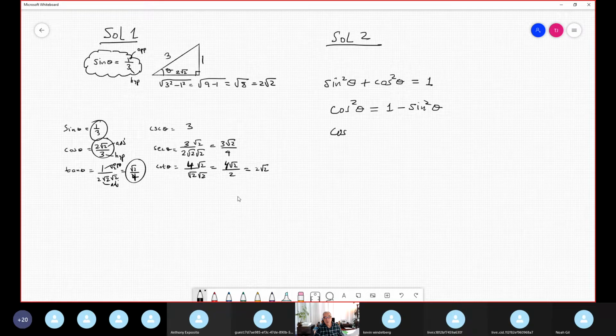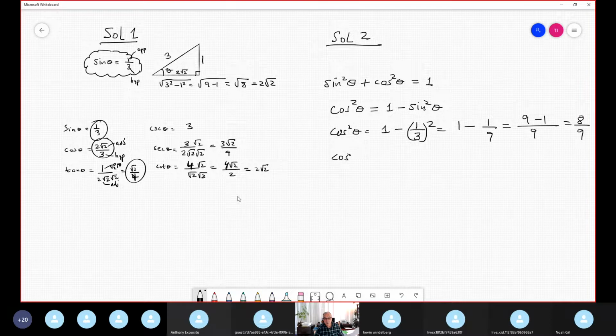So cosine squared theta is equal to 1 minus the square of sine, which is 1/3, so 1 over 9. 1 minus 1 over 9, and you put together with a common denominator of 9. So 9 minus 1 is 8 over 9.